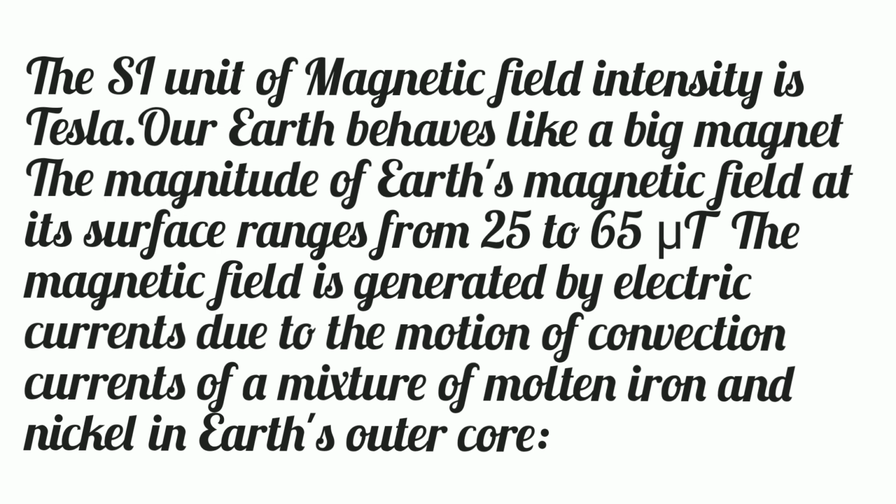The standard international unit of magnetic field intensity is Tesla. Our Earth, we all know, behaves like a big magnet, and the Earth's magnetic field magnitude ranges from 25 to 65 micro Tesla.